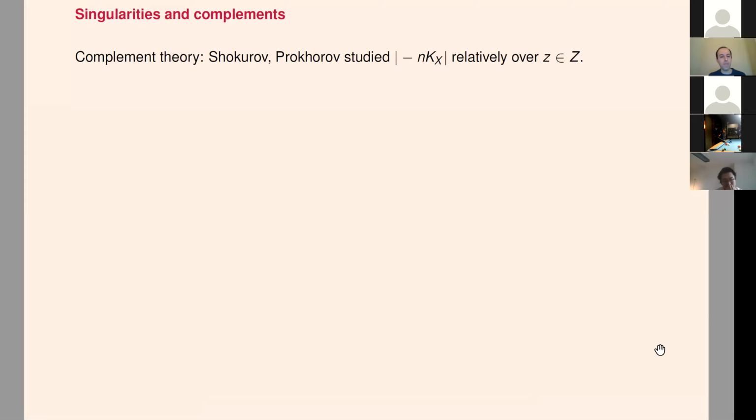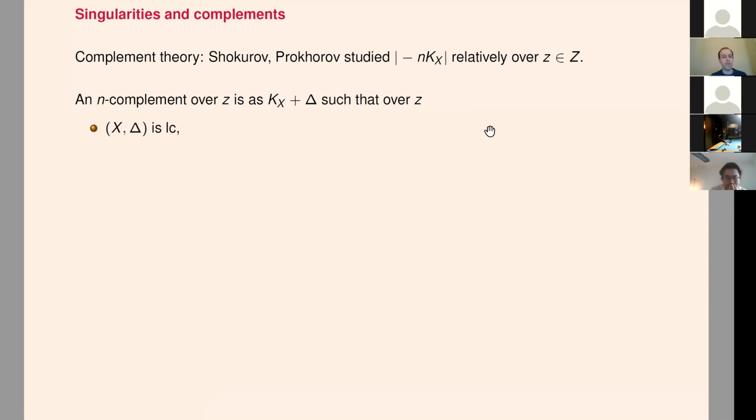Okay, let's say something about singularities and complements. I mentioned before that Shokurov and Prokhorov developed this complement theory. They looked at the linear systems minus nK relatively over some base, when you have X to Z, a Fano fibration, or even a Calabi-Yau fibration. An n-complement over a point z is something like K plus Delta, such that relatively over some neighborhood of this little z, we have that (X, Delta) is log canonical and n times (K plus Delta) is linearly trivial.